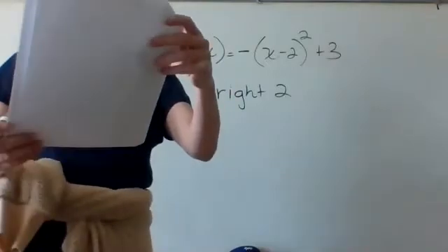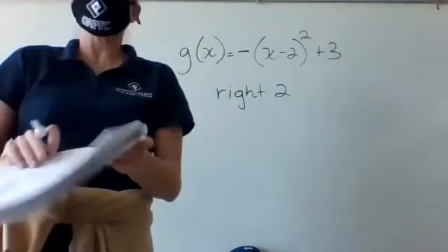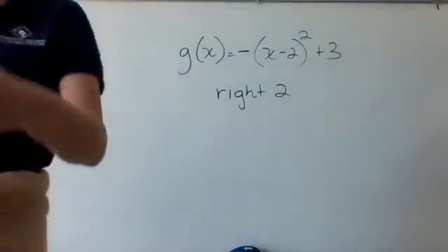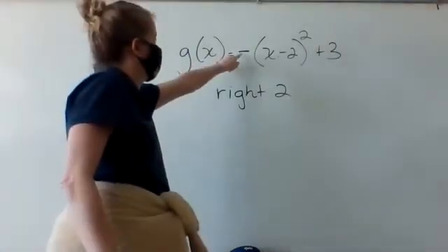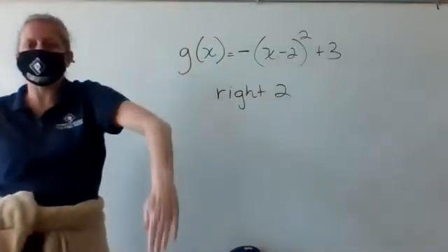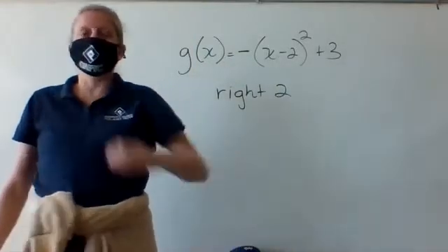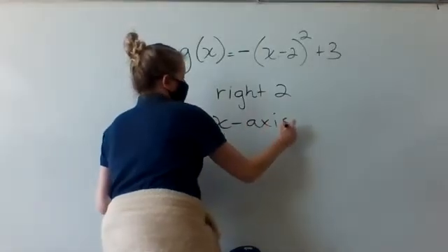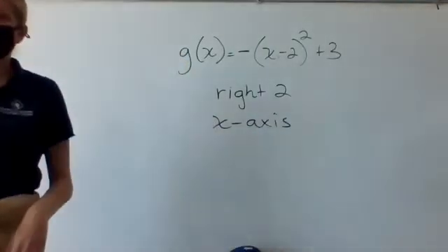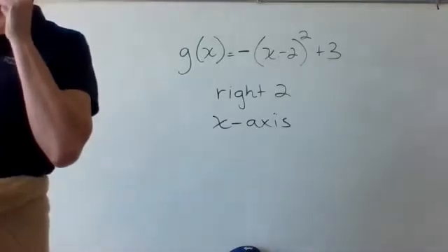Then the second sentence says, then reflect it across the blank axis, and your options will be x-axis or y-axis. Remember, the negative flips it upside down, which means it's going to reflect it across the what? X-axis. We actually don't have anything that's going to shift across the y-axis in here.